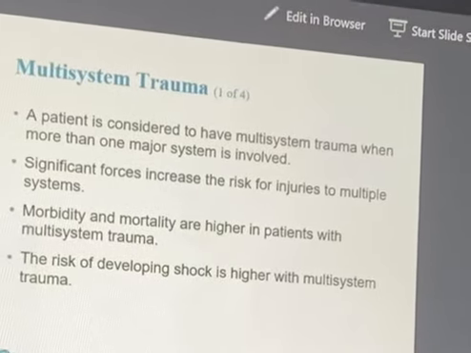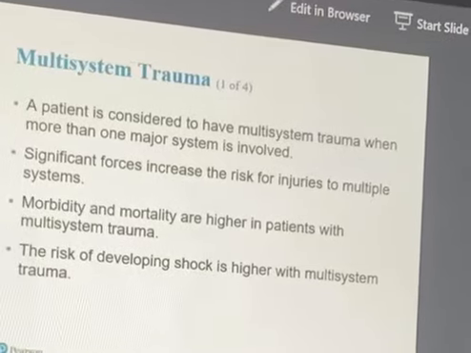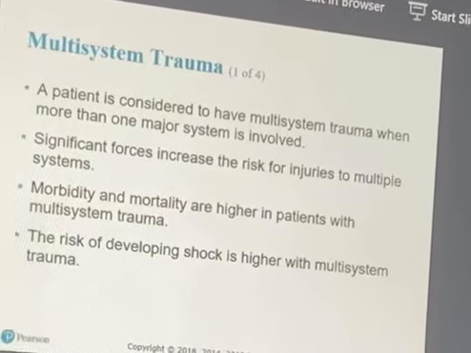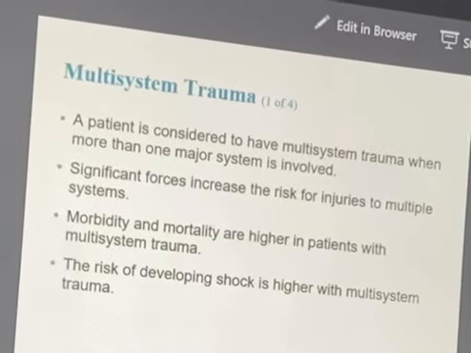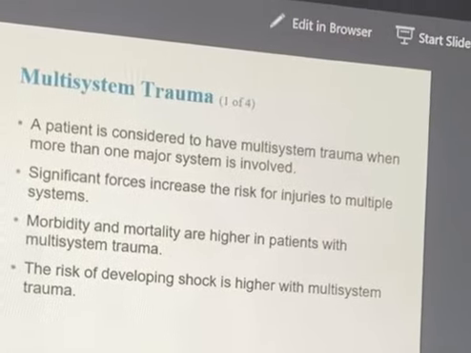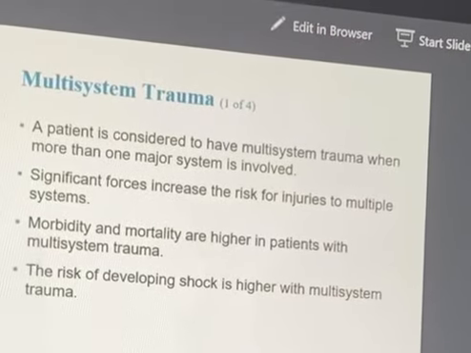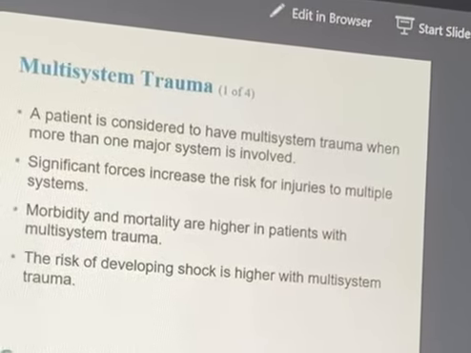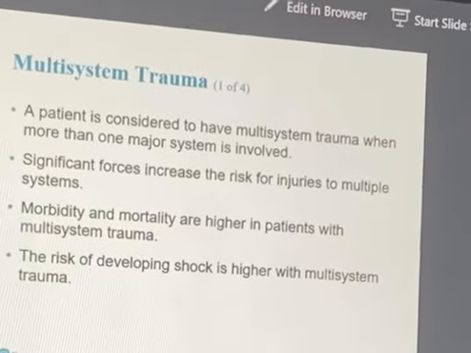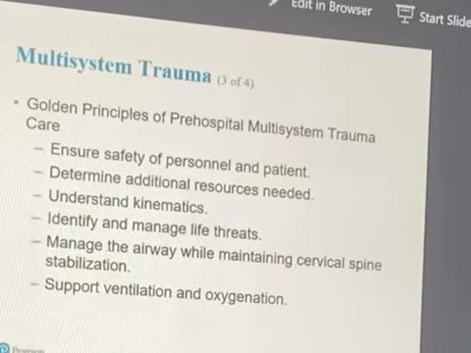A patient is considered to have multi-system trauma when more than one major system is involved. Significant forces increase the risk for injuries to multiple systems. Morbidity and mortality are higher in patients with multi-system trauma, and the risk of developing shock is higher with multi-system trauma.